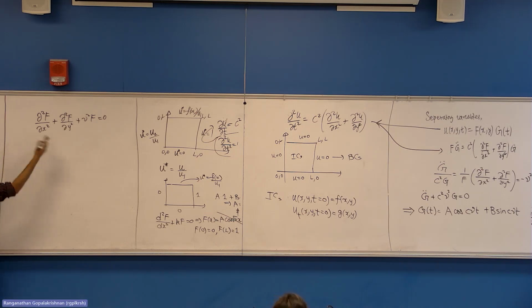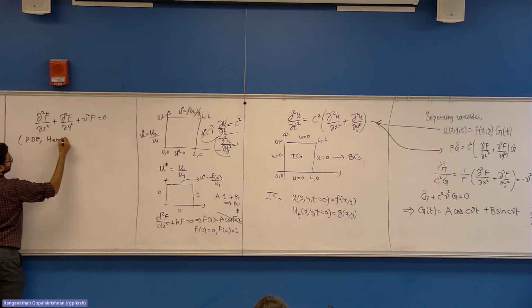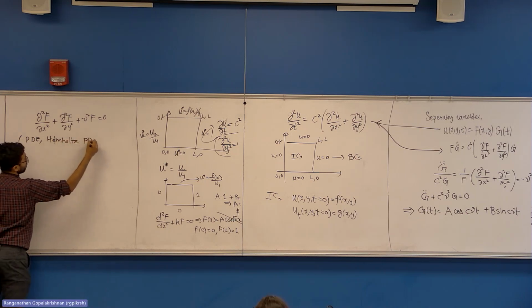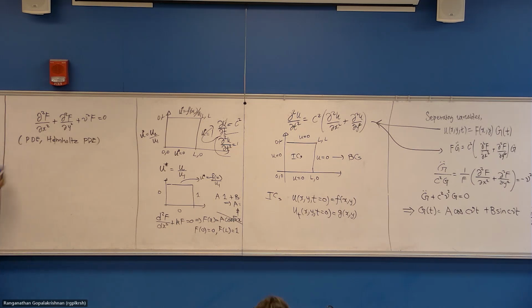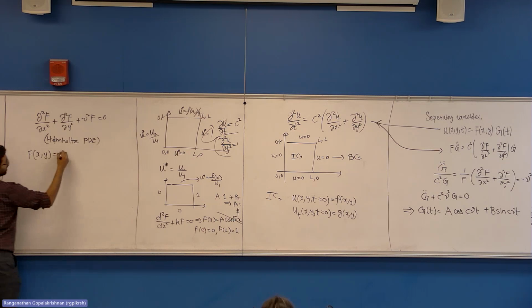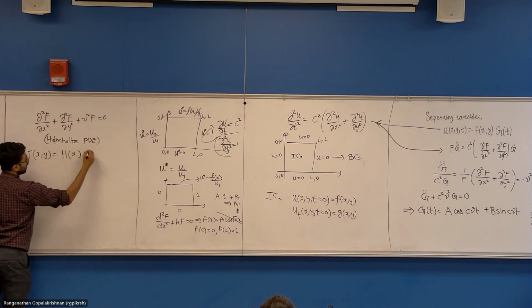This is a PDE by itself and it has a name called the Helmholtz equation. And there we assume the function F, which depends on x and y, is a product of two functions, H and Q.